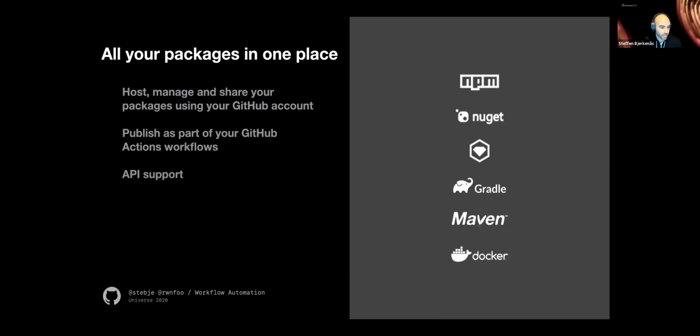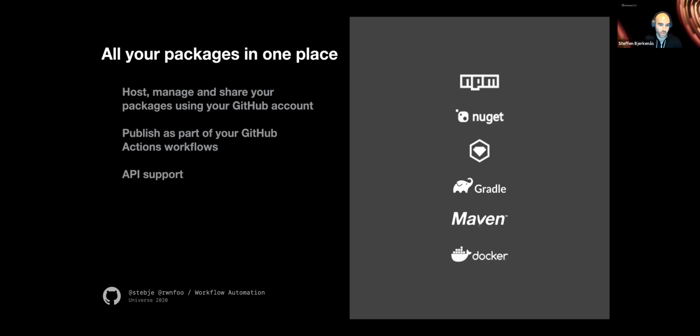And the next part is API support. A lot of our features in GitHub you can do via the API in the same manner as you would do it in the user interface. And that also counts for packages. There are some constraints, but essentially you have existing API endpoints that you can invoke for our GraphQL API.